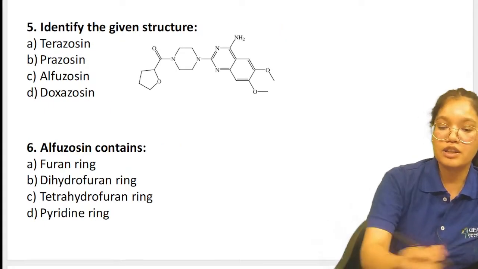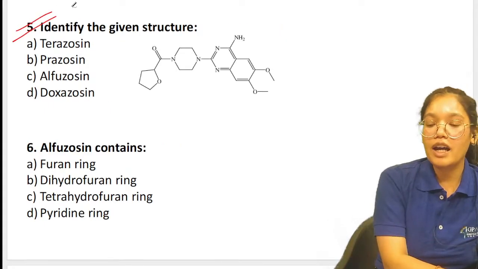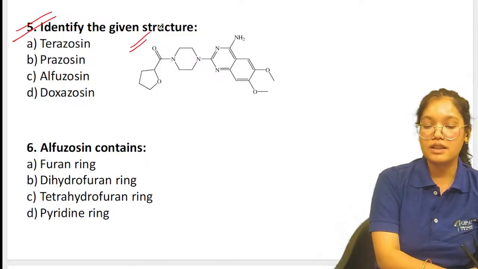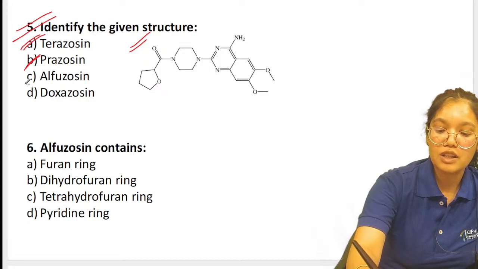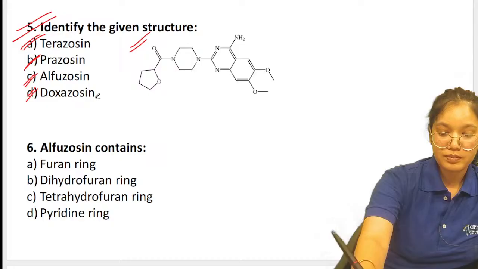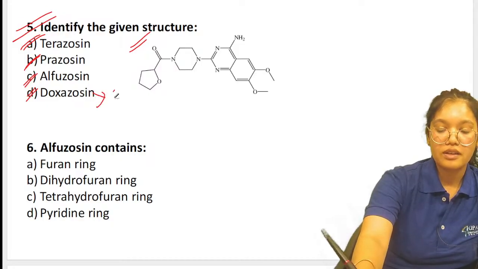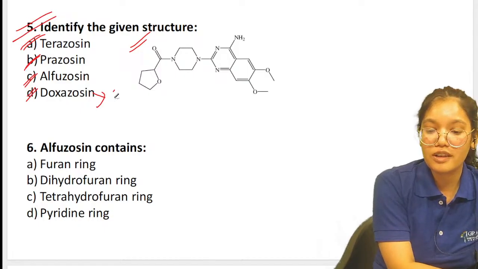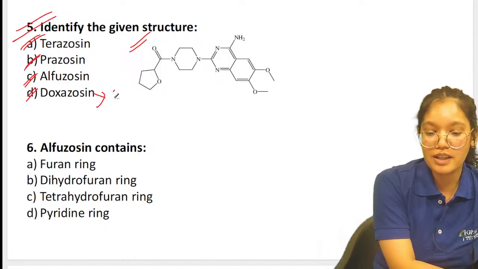Then the next question: identify the given structure. The drug structure is this: terazosin, prazosin, alfuzosin, or doxazosin. Which drug structure is this?